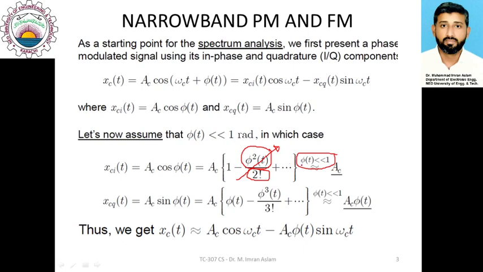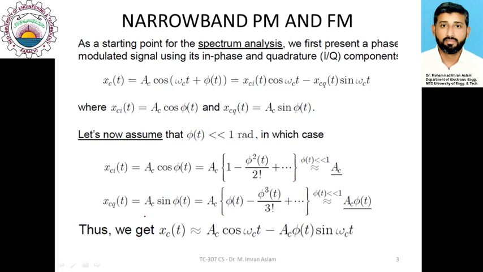Similarly, all higher order terms can also be ignored. The only term that will be left here would be this 1, and once it's multiplied by AC, you can approximate it by AC. Therefore this AC cos phi t for the case of narrowband PM and FM can be approximated as AC.